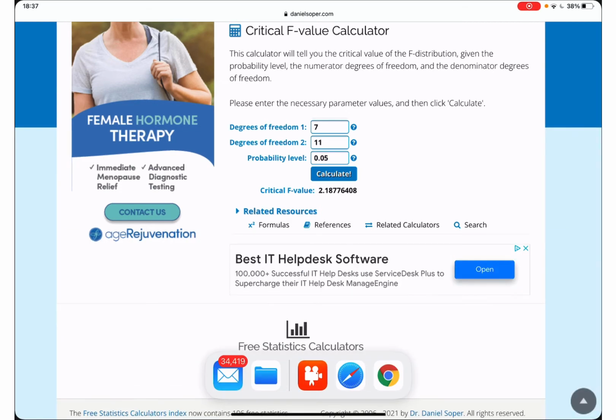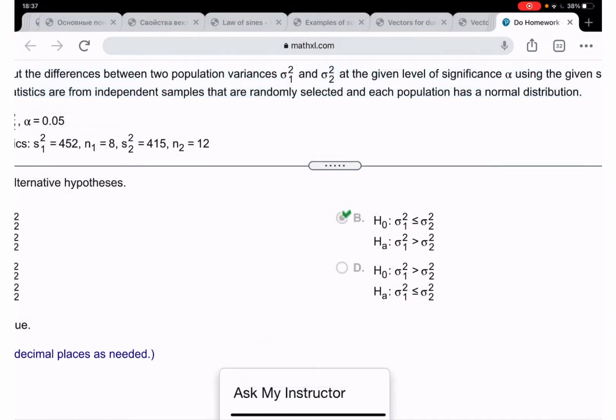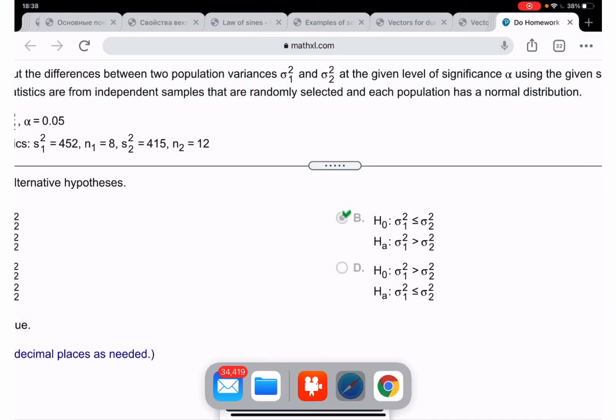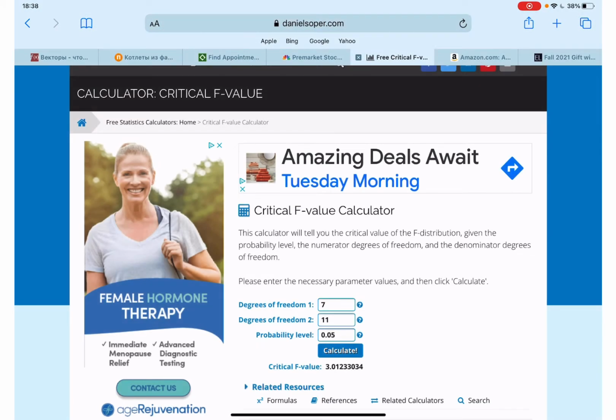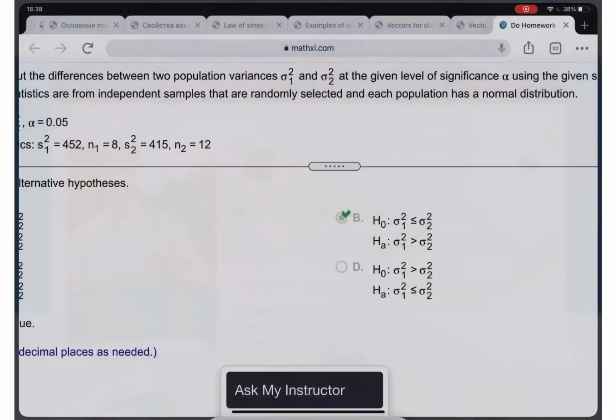Let me double check. 0.01. So 11 and 7. Very good. So once we click, I'll place this link also in the description. We get 3.01. Okay, let's write it down.